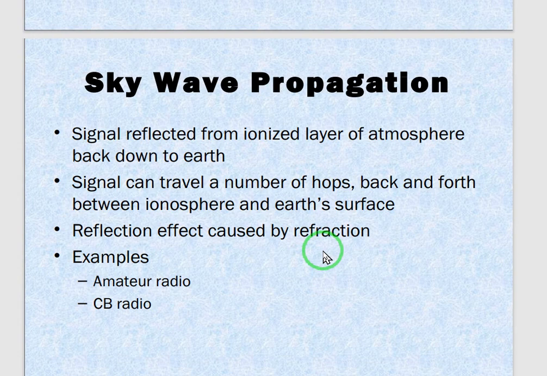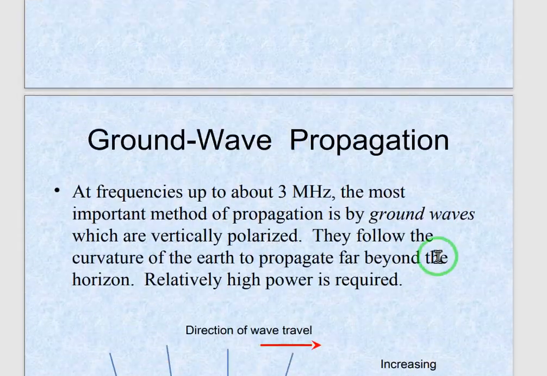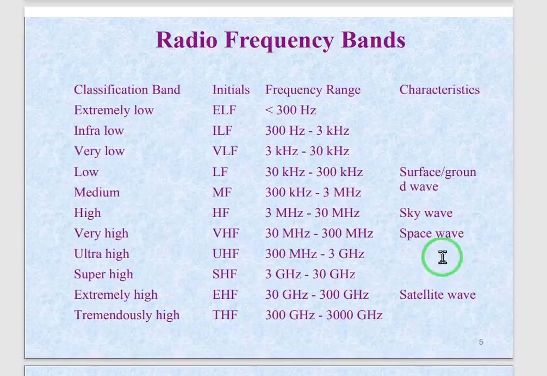Second is the sky wave propagation. In sky wave propagation, the signal is reflected from an ionized layer of the atmosphere back down to Earth. Signals can travel a number of hops back and forth between the ionosphere and Earth's surface. The reflection effect is caused by refraction. We will look into the figure.